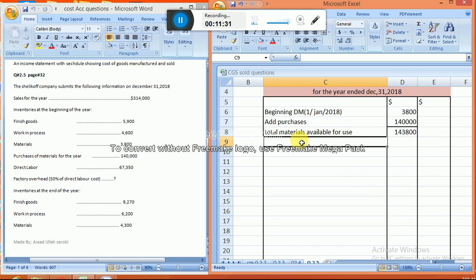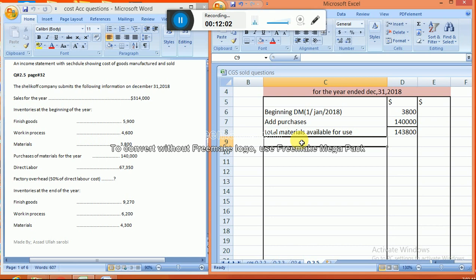This 2018 will be finished today. So when we check the record of the store, from 2018 some material is left, and these materials are not used in 2018, they will be used in 2019.